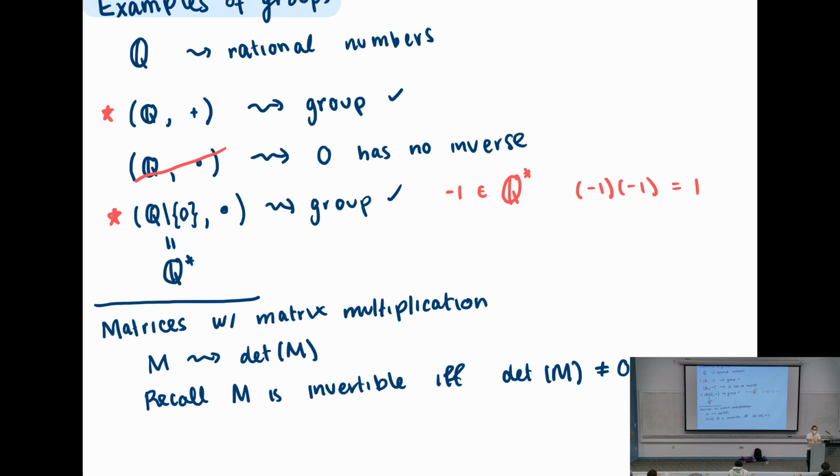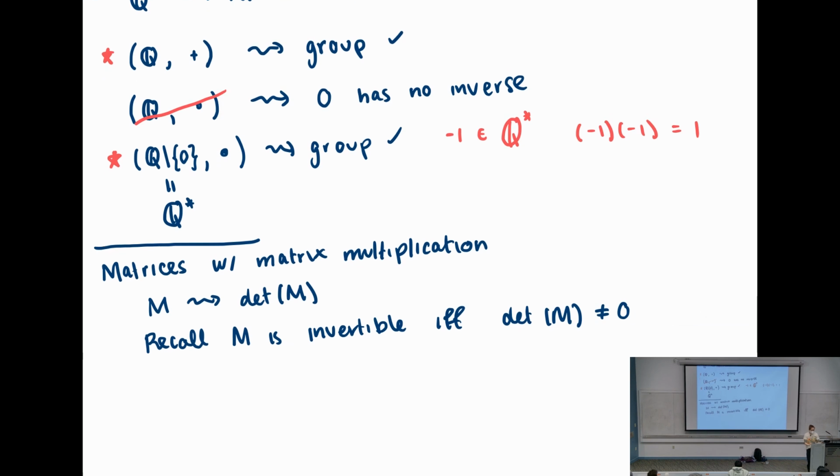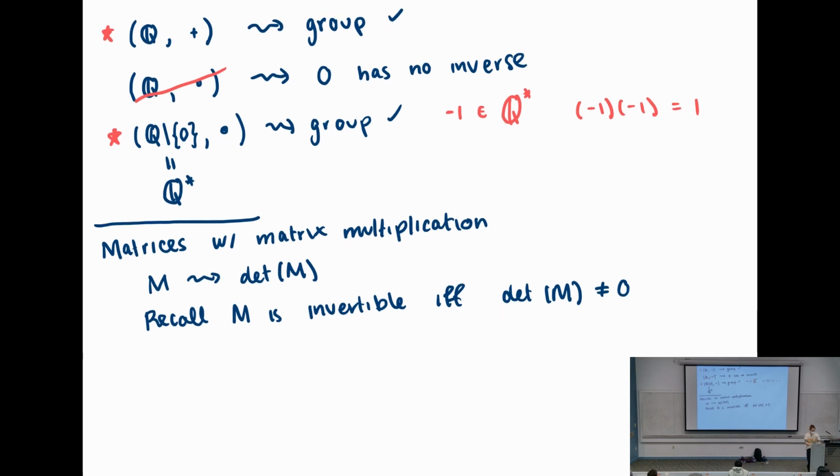Okay, so if we exclude these matrices, then we will get a group, and it's called the general linear group. It's denoted like this, GLN F, where F is any field.